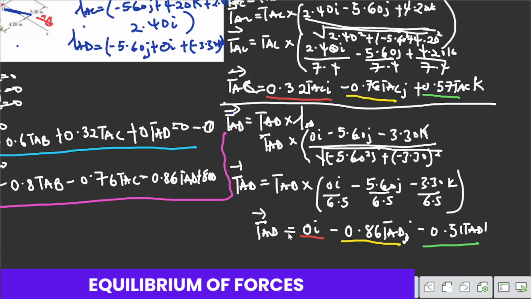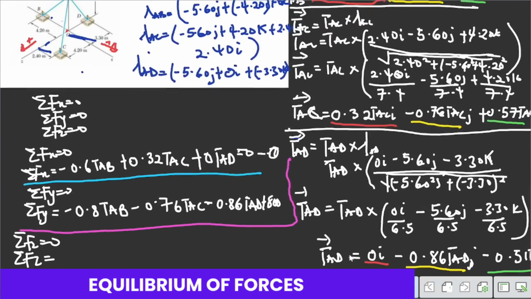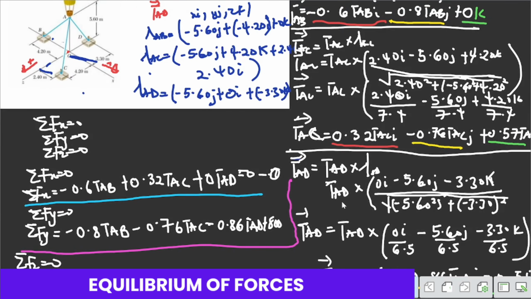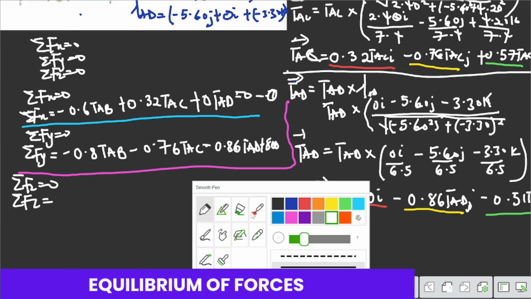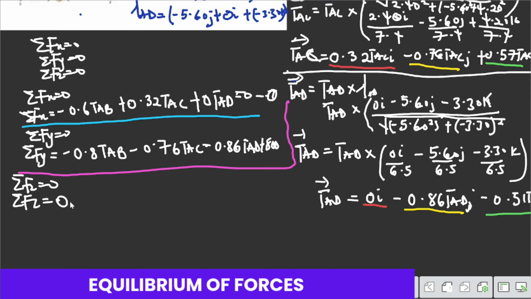So now we group them together. What's our TAB? TAB at the Z side is 0, right? So if it is 0, then we write 0 here. So first we had 0 TAB. Then the next one we had positive 0.57 TAC.